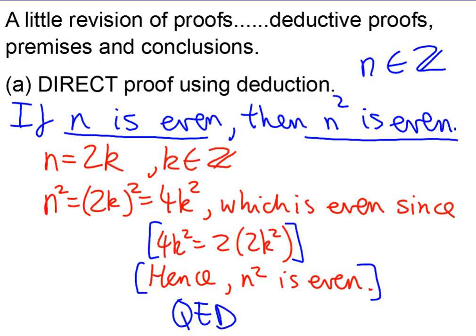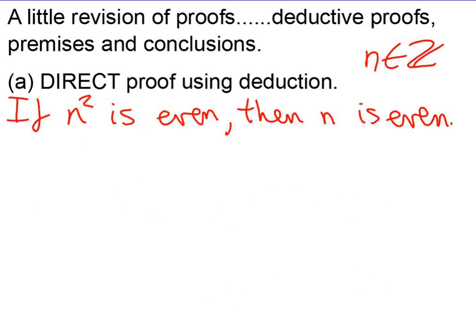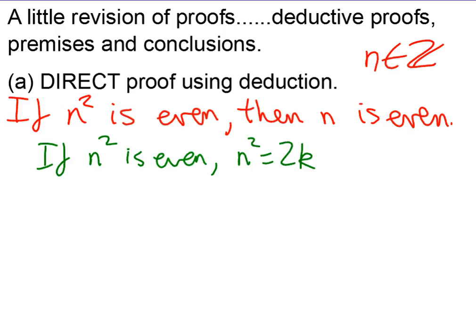That's a direct proof. Look at this one. If n squared is even, then n is even. We could try a direct proof here. We could say, just like before, if n squared is even, then n squared is 2k. And then we think, what does that mean? It means n times n is 2k.